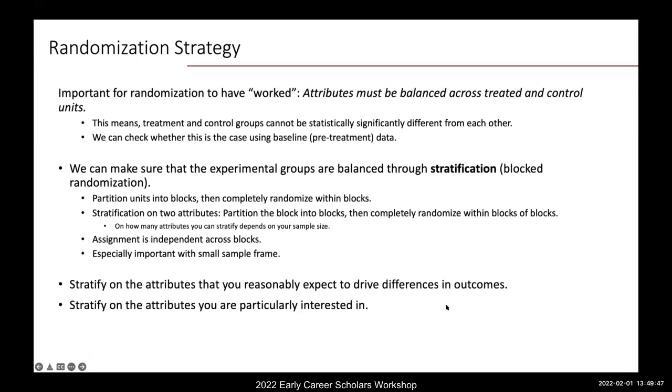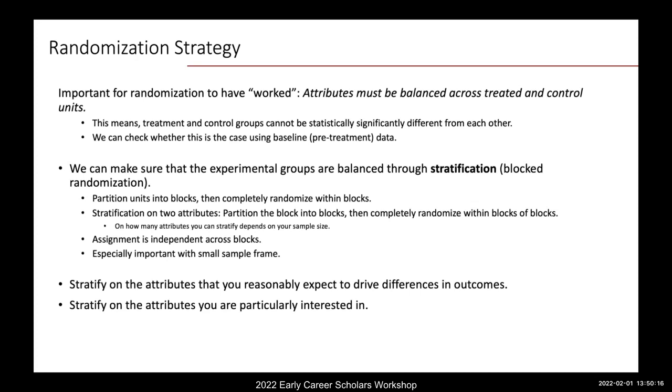So let's talk a bit about balance. For the randomization to have worked, what we need is that our attributes are balanced across treated and control units. So this means that treatment and control groups cannot be statistically significantly different from each other on average. What we can do is to check whether this is actually true by using baseline or pre-treatment data.